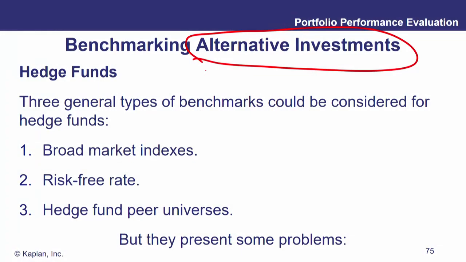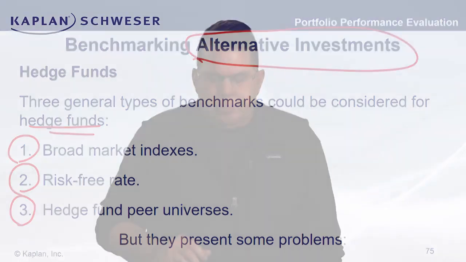So there are three general types of benchmarks that seem to be considered for hedge funds. We have broad market indices. We have a risk-free rate. I see this all the time. And we see a hedge fund peer universe. Now, unfortunately, all three of these benchmarks have some problems. And I would like you to know these for the exam.